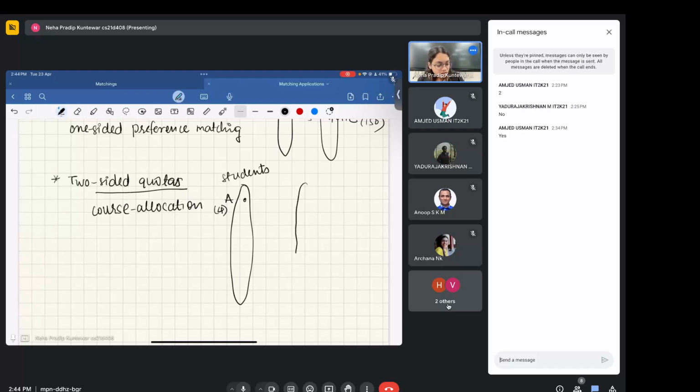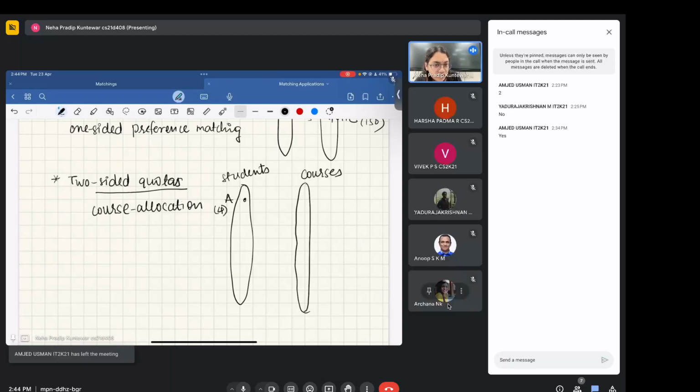That is the minimum number of courses he or she has to take. And the courses that he prefers are, let's say, C1, C2 and C5. Let's say he has certain courses that he's okay with taking. Similarly, every other student has some number of courses they need to take, and they have some preferences for the courses.